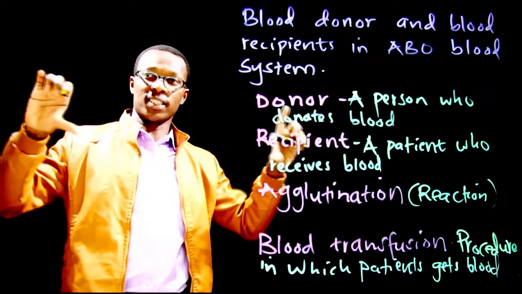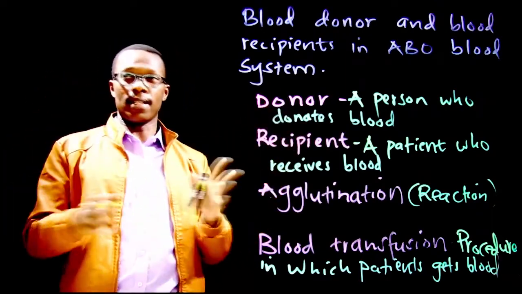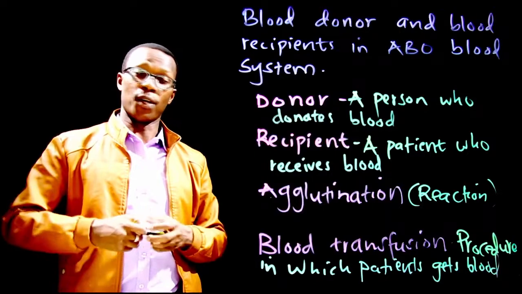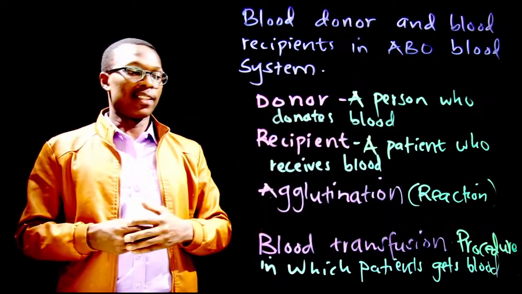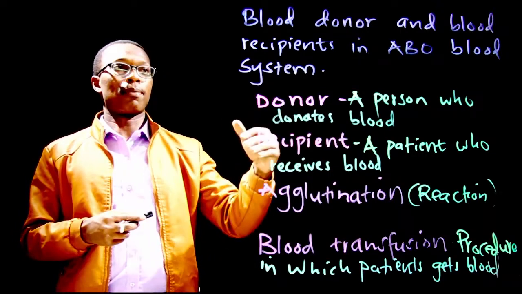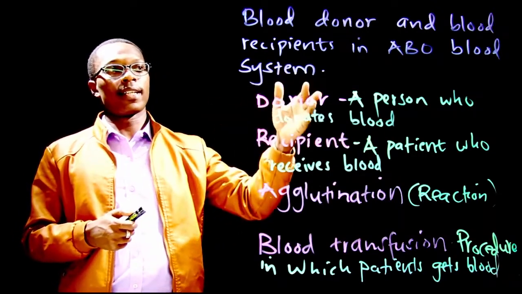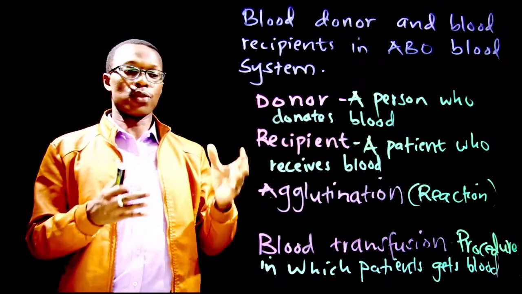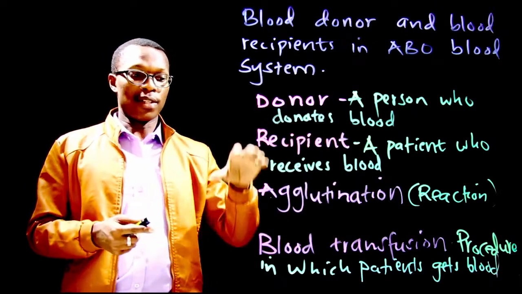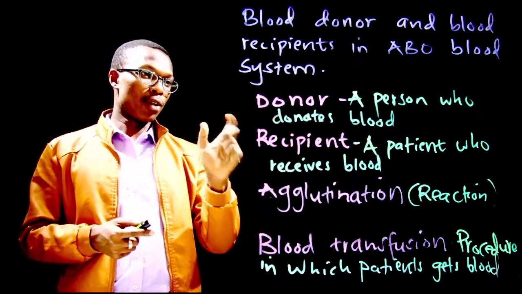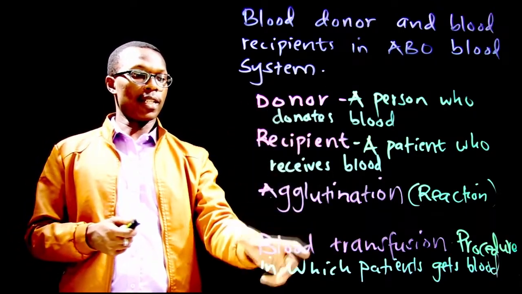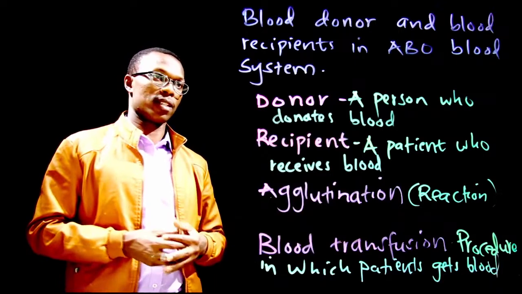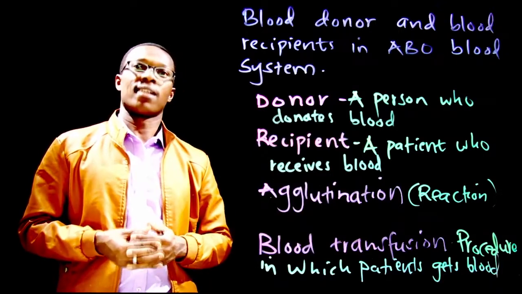Agglutination is that reaction that happens when the blood doesn't match. I hope it's clear, right? Now, before we dive in to see which donors and recipients deserve to get the blood, I want you to take note of these keywords: donor, recipient, agglutination, blood transfusion. Is it clear up to there?